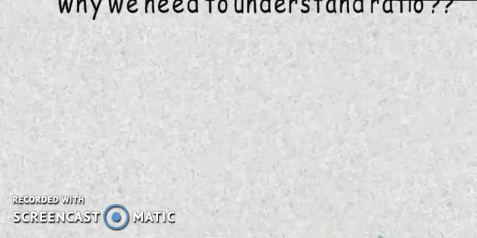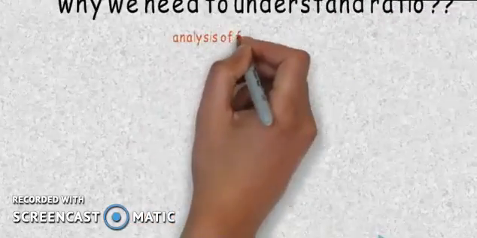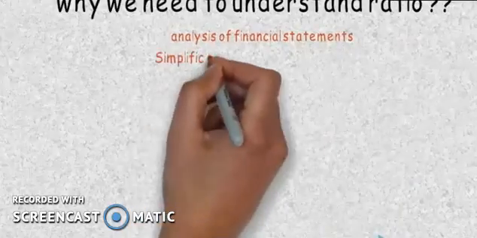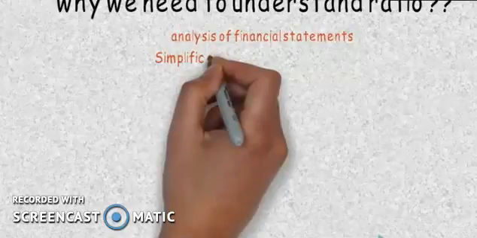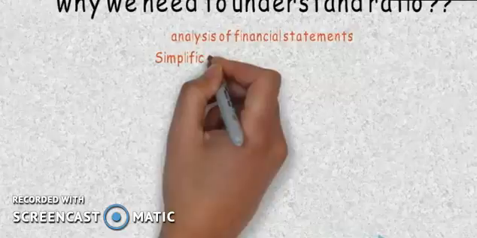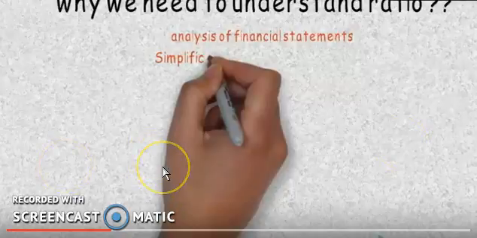Now why do we need to understand ratios? The first is the analysis of financial statements. It helps the bankers, creditors, debtors and shareholders in getting knowledge about the profitability as well as the financial health of the business.